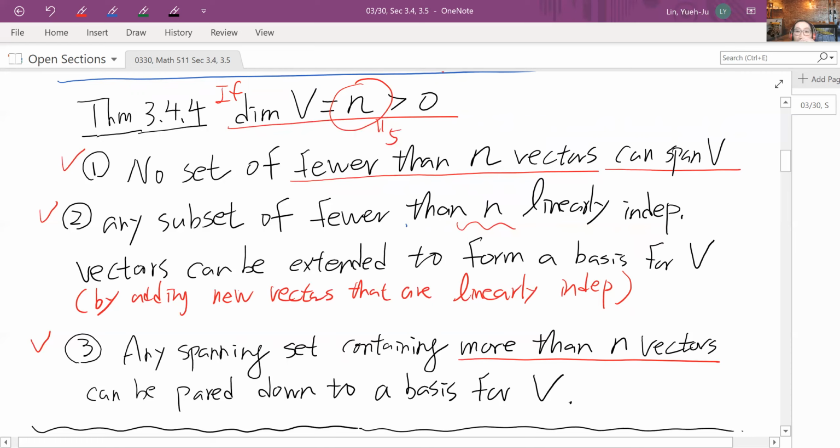Also, I want to make a remark here: be careful that being linearly independent in general is a different concept than being a spanning set. For one of them, you want to create enough linear combinations such that you hit every vector in the space. The other is the other way around: you want to make sure that they're linearly independent, meaning there's no redundancy. They're actually not the same concept.